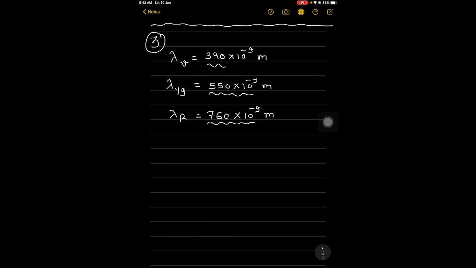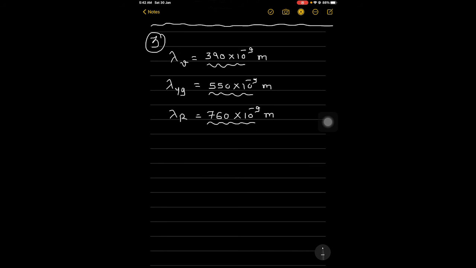Now they have asked: what are the energies of a photon in eV at the violet end, the average wavelength of yellow green color, and the red end of the visible spectrum?